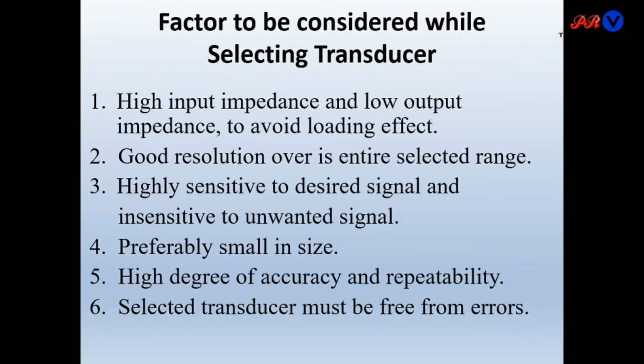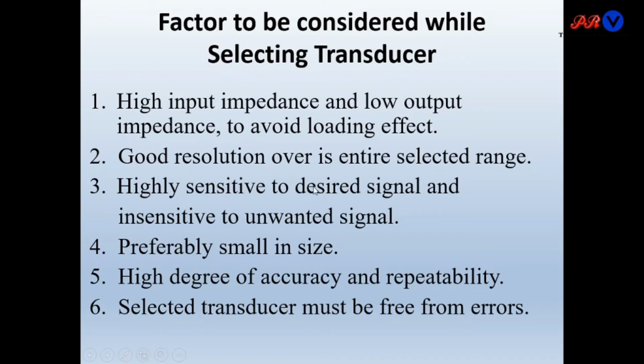Now we will study factors which must be considered while we select our transducer. So, first factor is high input impedance and low output impedance. The transducer must have high input impedance and low output impedance to avoid loading effect. Second is good resolution over its entire selected range, means it must provide output for minimum input as well as maximum input.